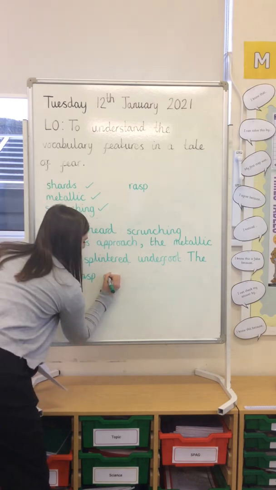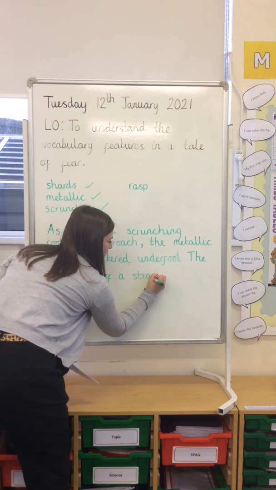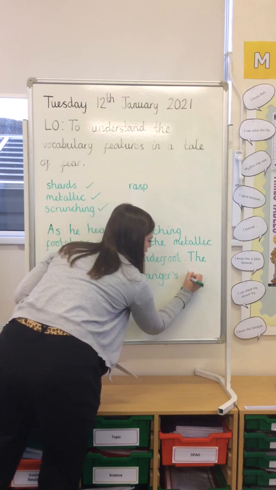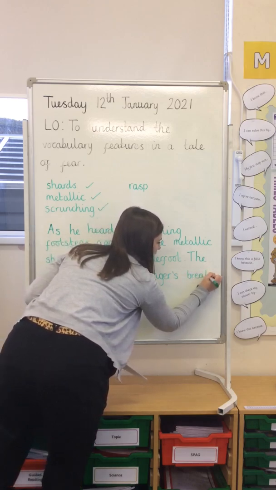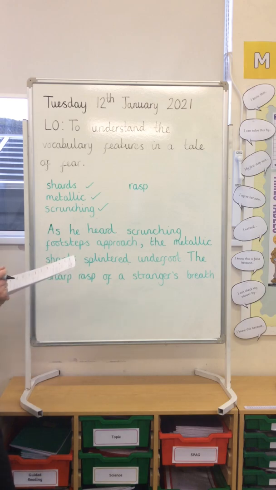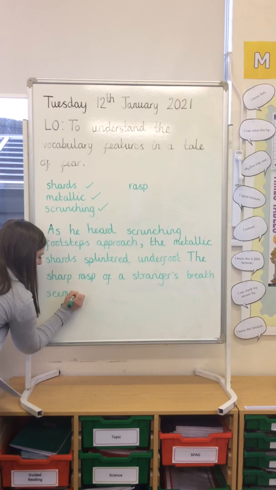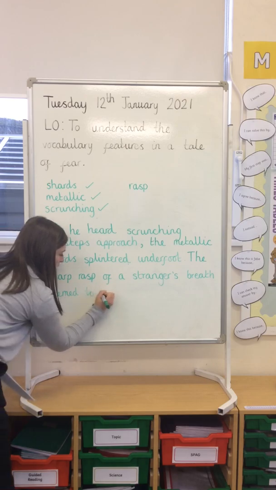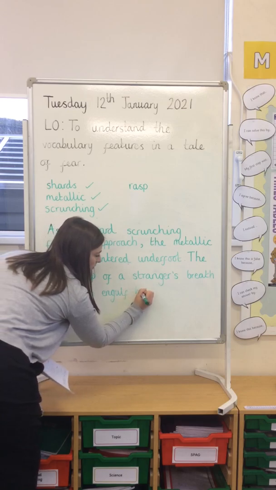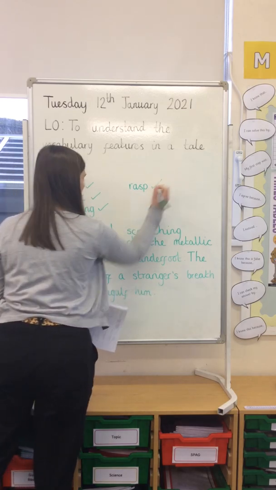Rasp of a stranger. We don't know who the stranger is, so that makes it scary. Of a stranger's breath. So the sharp rasp of a stranger's breath seemed to engulf him. Full stop. And I've used the word rasp.